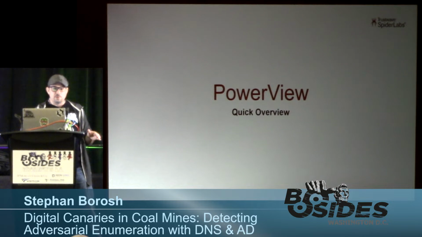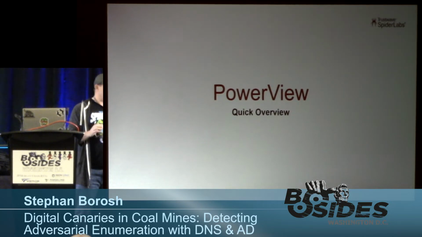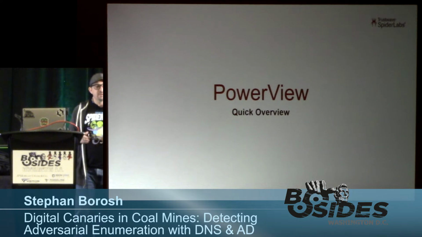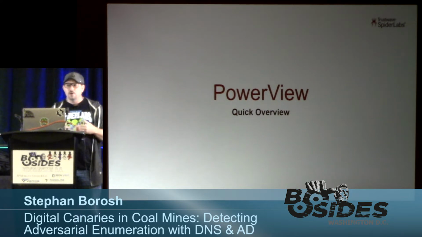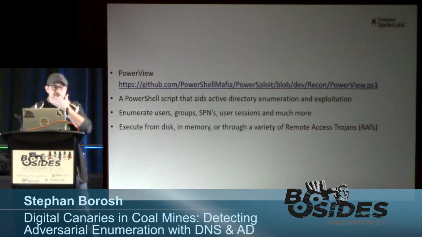So a quick tooling overview, and I want to say up front that this is really tool agnostic. This is no dig against PowerView or BloodHound or anything like that, as this is technique. When an adversary looks up one of your canaries and we're detecting it, it doesn't matter what tool they're using, we want to be able to detect which host it came from. You can find PowerView here.